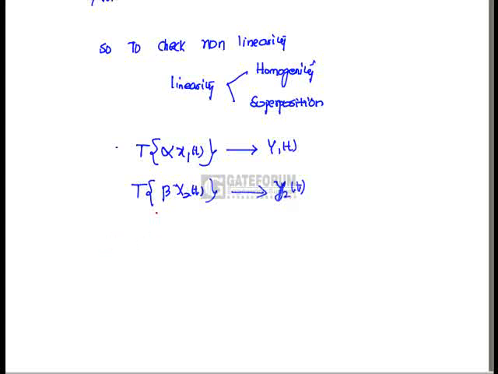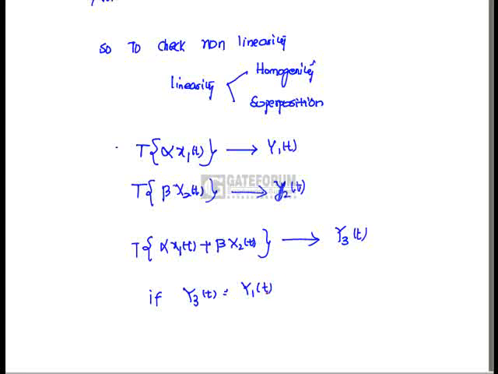If we apply the superposition of these two signals, the output is y3(t). If y3(t) is equal to the sum of y1(t) and y2(t), then we can say that particular system is linear.